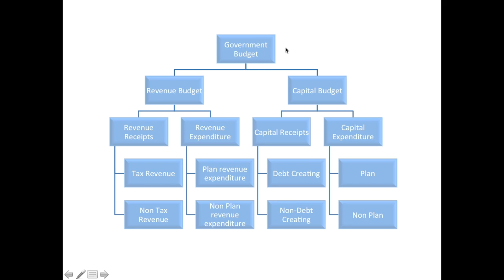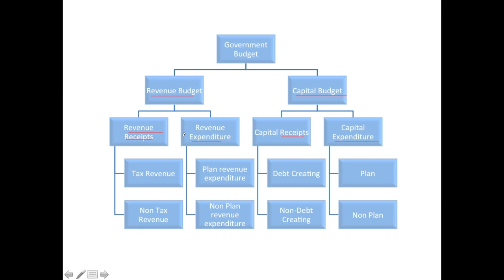Now this chart very beautifully summarizes everything that you're going to need to know in government budget. First is revenue budget, second is capital budget. Both of them have two subparts which are called revenue receipts and expenditure. Here capital receipts, capital expenditure. Whatever the government expects in the coming year to be the revenue receipts come under revenue receipts.